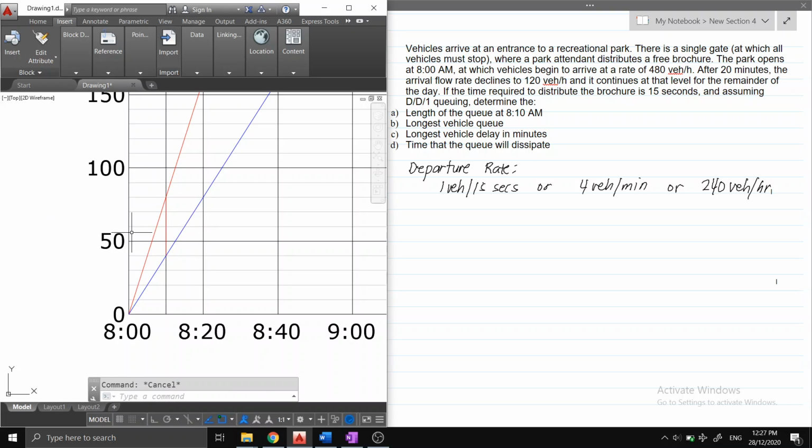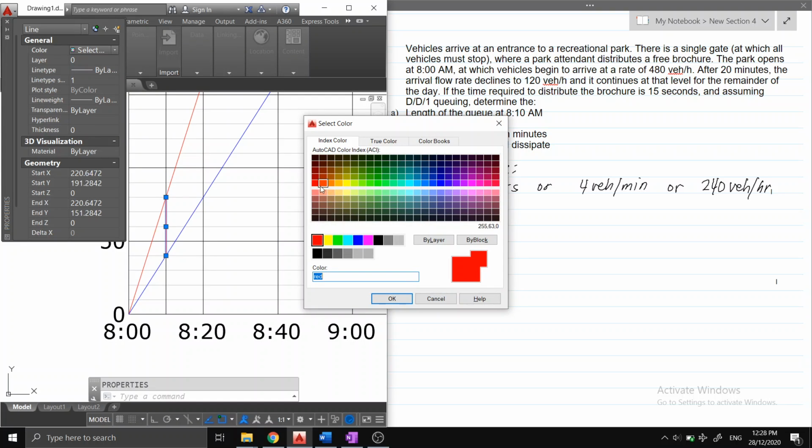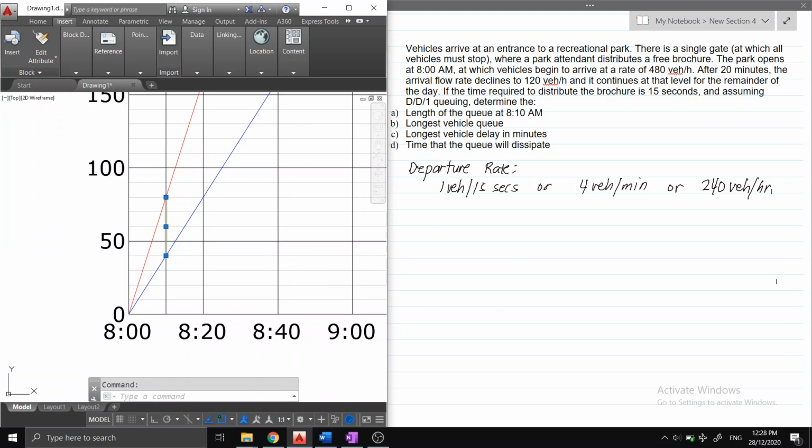Ibig sabihin, at 8:10 a.m., meron tayong 40 vehicles dun sa ating queue. So, gawin lang natin color orange yung ating line. Okay. So, pwede din sigurong similar triangles or pwede nyo din siyang kunin kung hindi maayos yung pagkakagraph nyo.